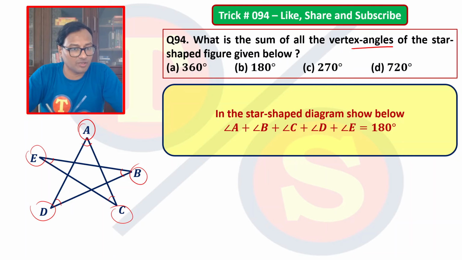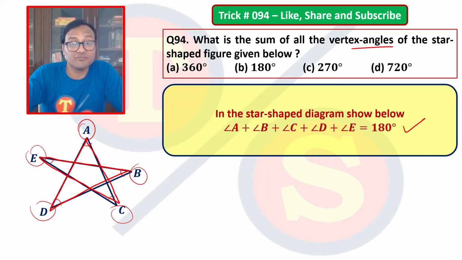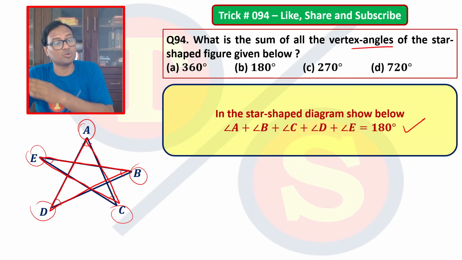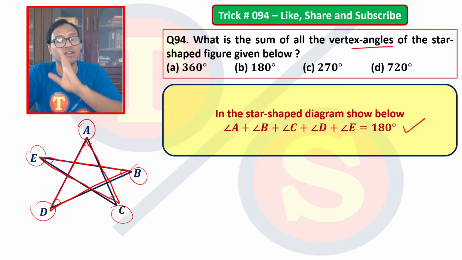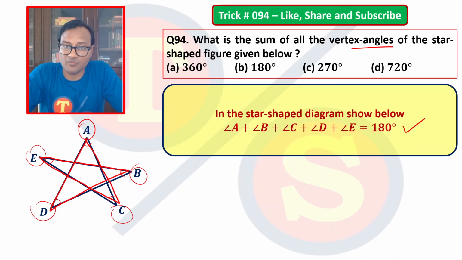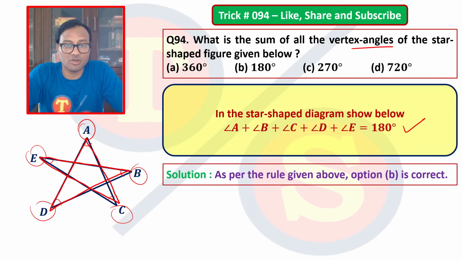If I start from A, then I will draw the lines and finally I will come back to A. So whenever this happens, the sum of all these vertex angles is always 180 degrees. That is the basic idea, right? Whenever you start from a point and you come back to that point, passing through all the vertices only one time, then the total angle will always be 180 degrees. Okay, so that is the idea over here. So answer option B is the correct answer.